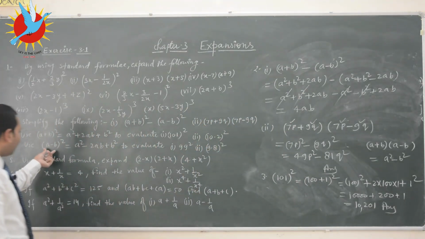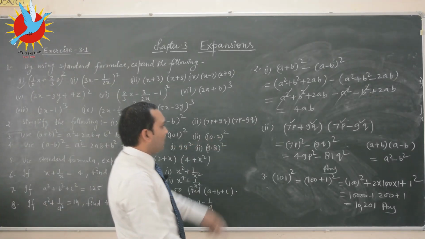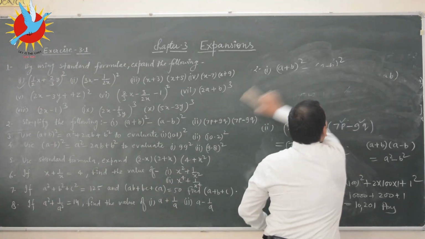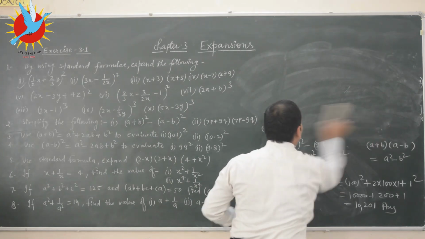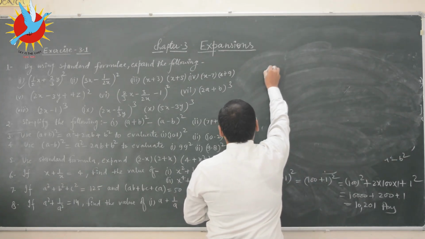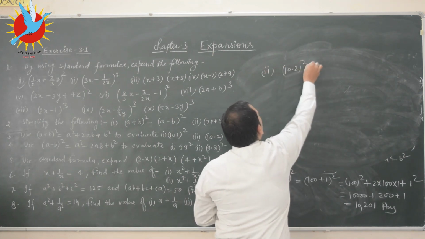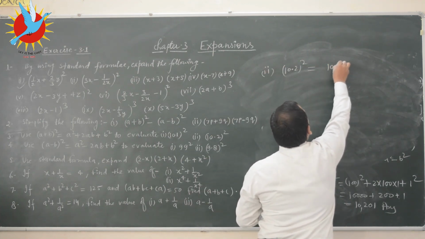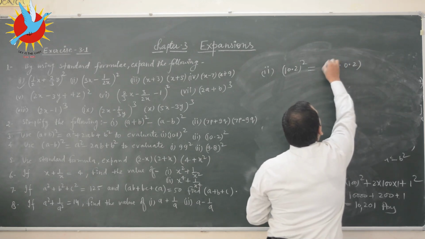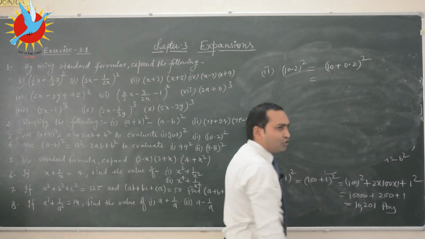Similarly, second question, 10.2 whole square. We can write it as (10 plus 0.2) whole square, where a is equal to 10 and b is equal to 0.2.